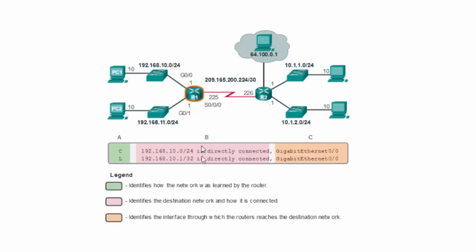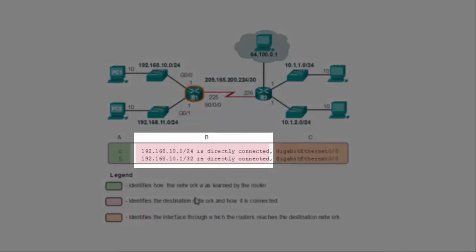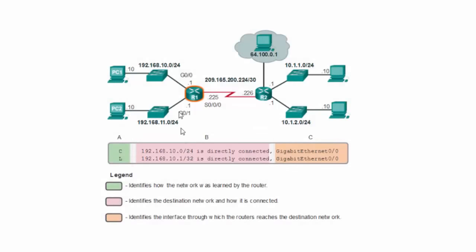The B column identifies the destination network and how it's connected. So this is the destination network 192.168.10.0/24, which is this one, and it's directly connected. Or if it's a local route, which means that this local route exists on this router, which is this exit interface here.